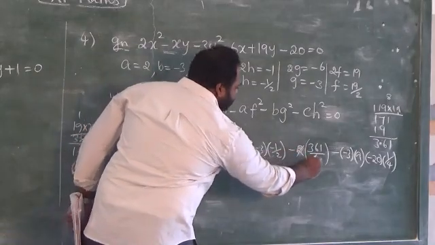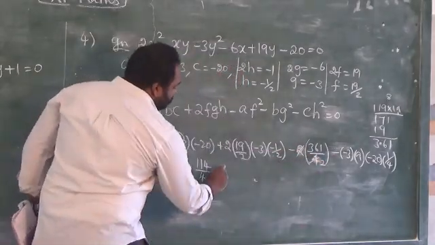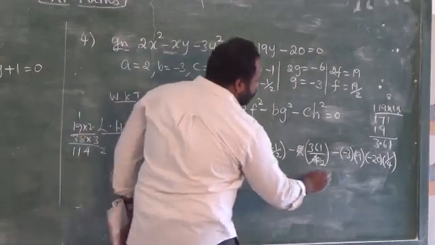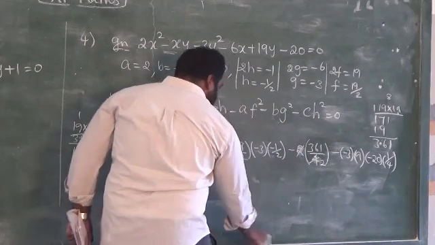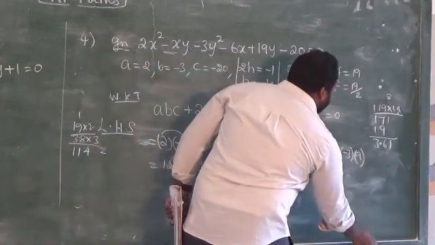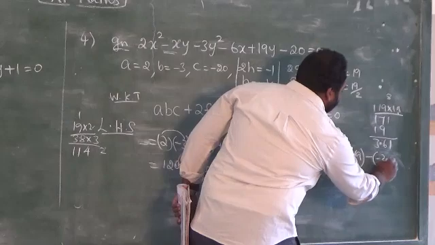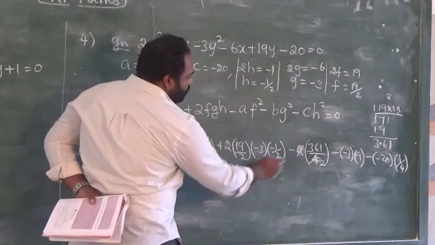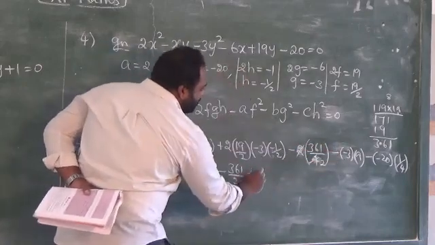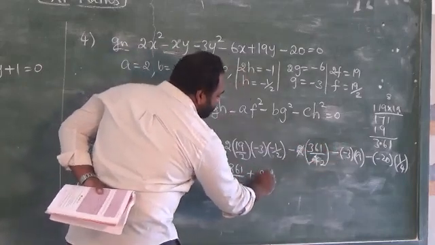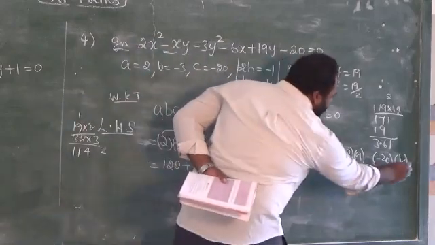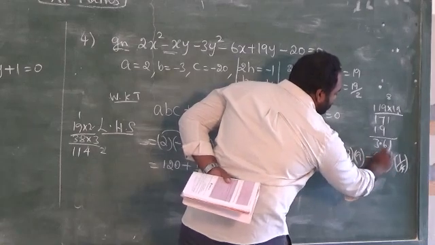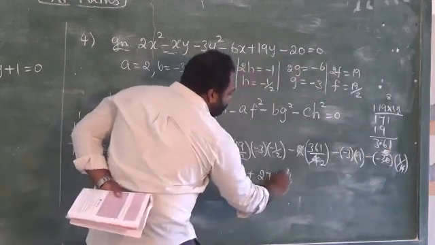Here we can have a cancellation of 2. So minus 361 by 2. Here minus 20 into 1 by 4. Here minus into minus plus 27. Here we have a cancellation, 5 times, plus 5.